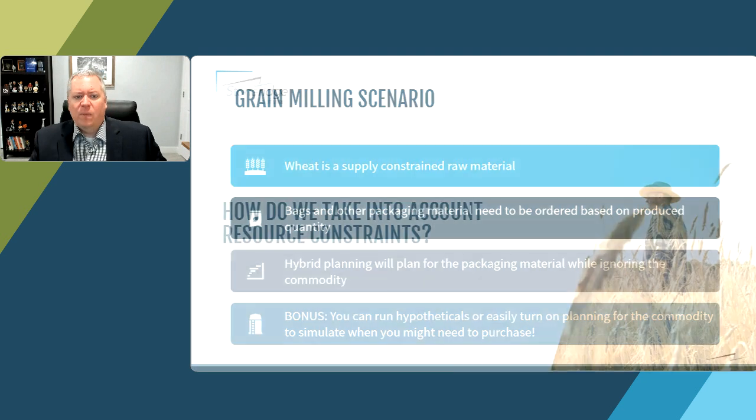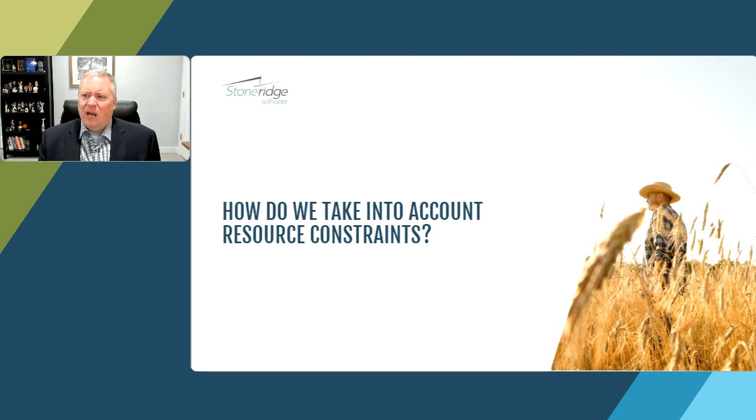Now, how do we take into account some of our resource constraints? We're talking about the raw material items right now, but resource constraints can also be a part of this supply constrained process. Now, the good news is resource constraints are a standard part of the route setup within our ERP systems, and especially within Dynamics 365.